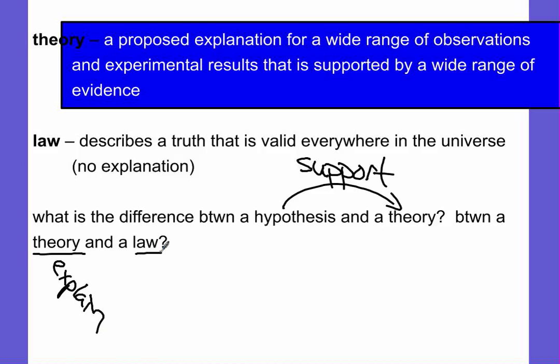Whereas this thing doesn't try to explain anything, it's just an observation. Right? The law of gravity says that if I pull the chair out from under Brock, he's probably going to fall on his butt. I'm not going to do it, but that's what it says. Just do it. All right.